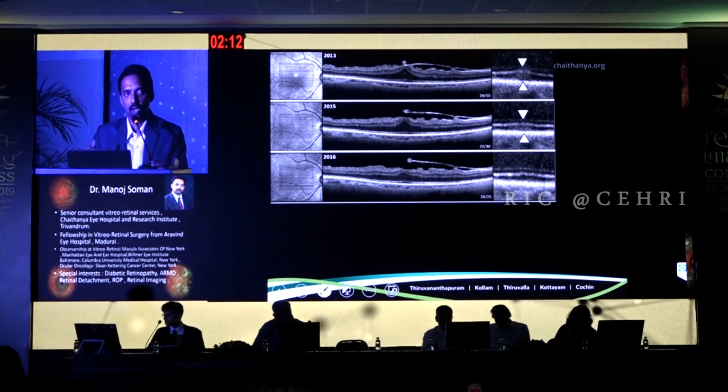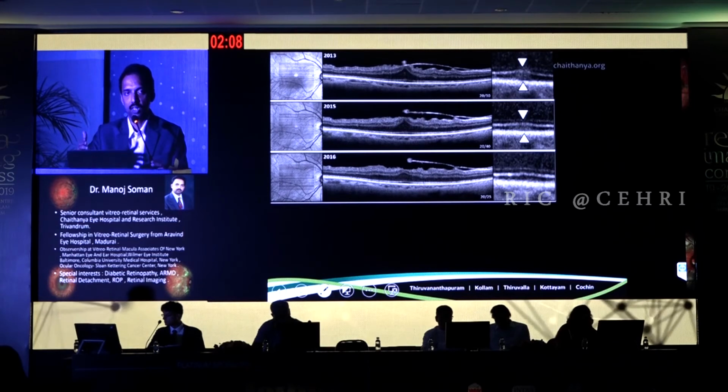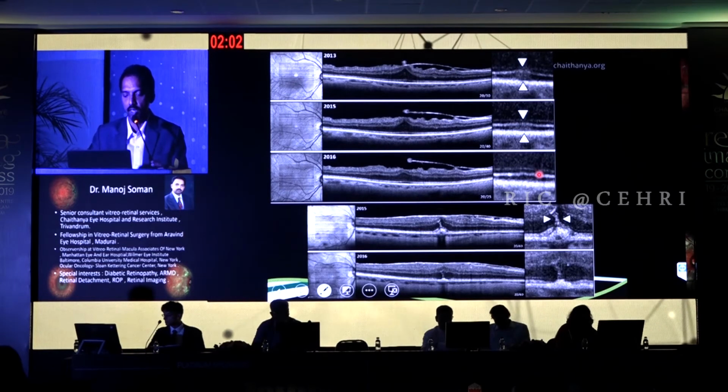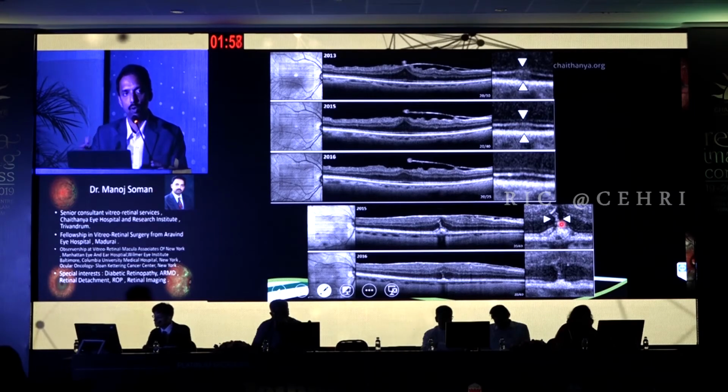They also show that with relief of traction, spontaneously in this patient with epiretinal membrane, these signs go away, like this cotton ball sign disappearing with the relief of traction. And in this example, they show that vitelliform lesions can sometimes get absorbed over a period of time.